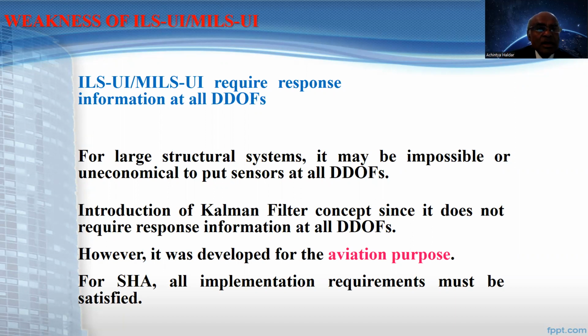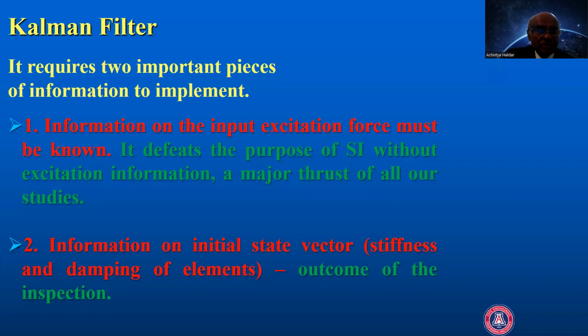The main disadvantage of this method, the iteratively least squares based method, is that the structure has to be very small, because we need responses at all dynamic degrees of freedom. We cannot instrument, say, a 100-story building. So we have to figure out how to identify a structure with limited response information.